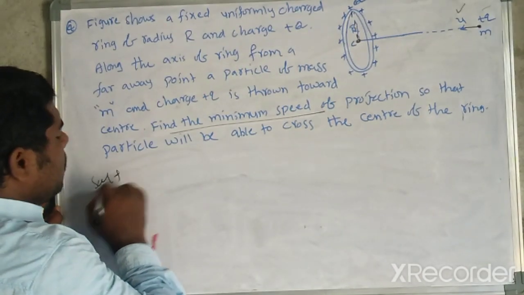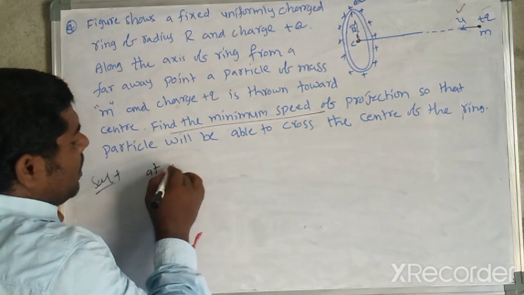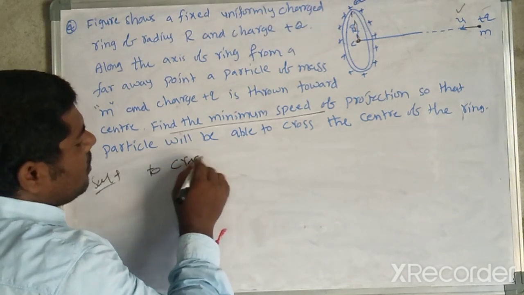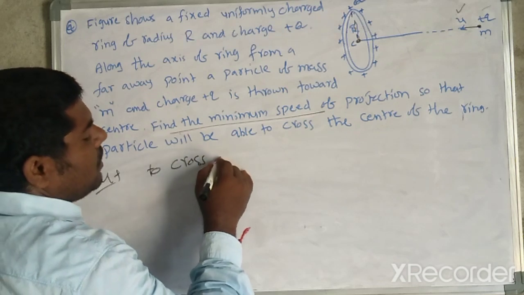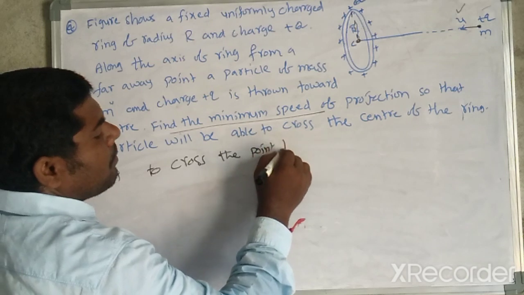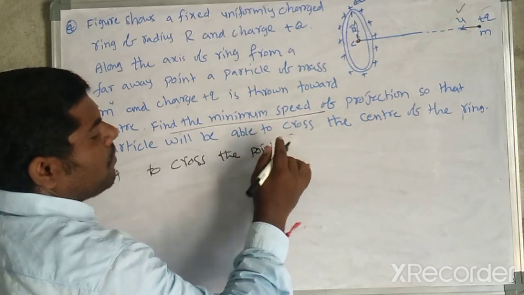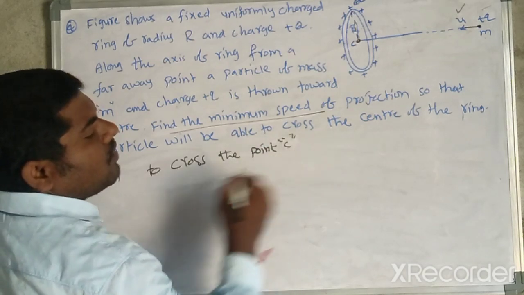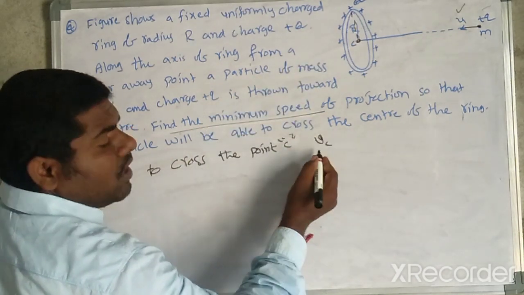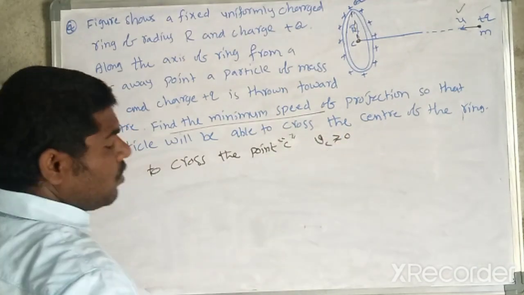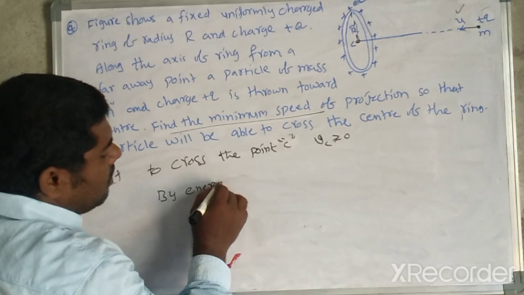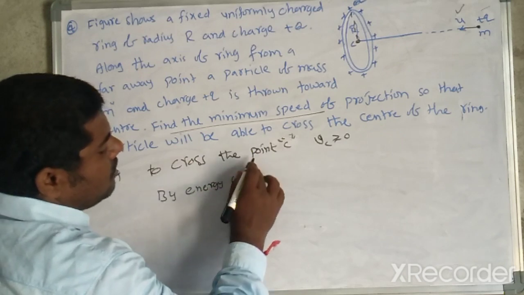So solution: to cross point C, the velocity at the center should be more than or equal to 0, by energy conservation.